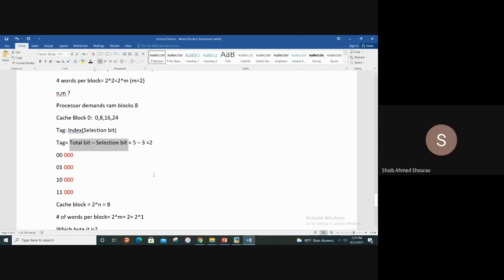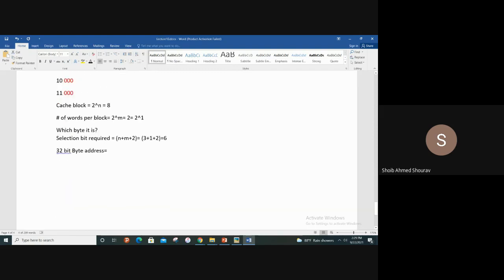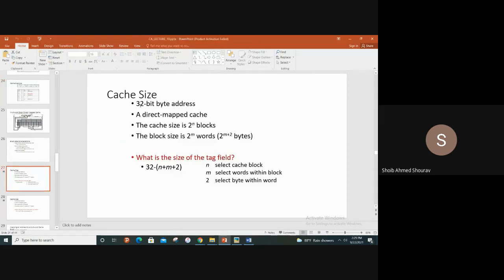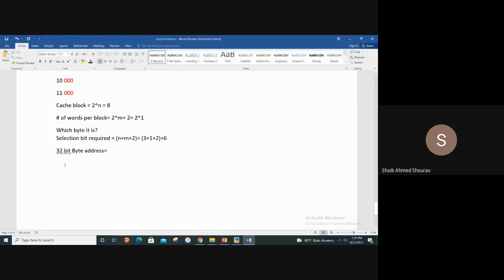So if the tag bits is total bits minus selection bits, in this example, 32-bit byte address, the memory is total 32 bits. Can we say the tag bits is equal to 32 minus (n plus m plus 2)?